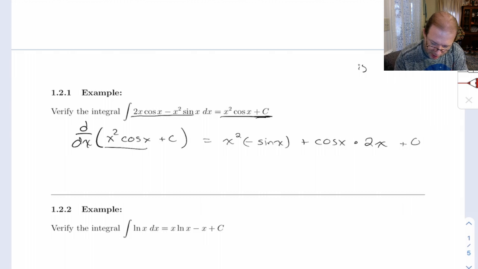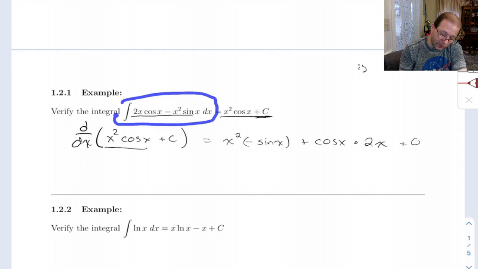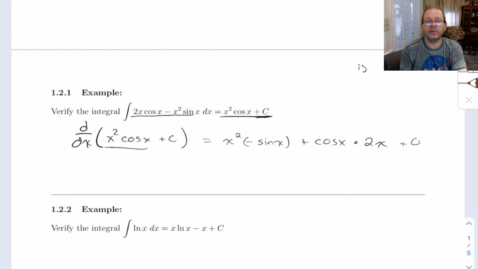Then we have to check, is this equal to this? And the answer there is yes. Cosine x, 2x is here, then minus x squared sine x is here. So yeah, we can verify that, even though if we were just given this integral to do, we wouldn't be able to do that yet. You'll learn how to deal with that sort of integral in Calc 2.